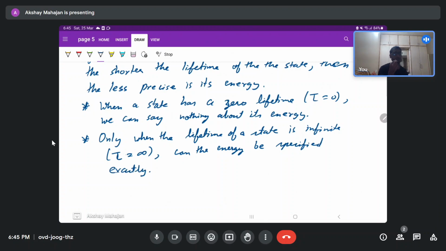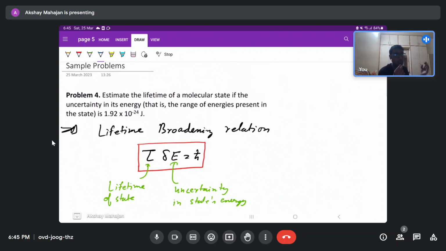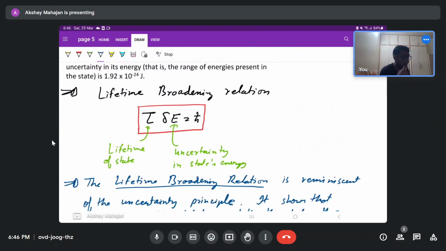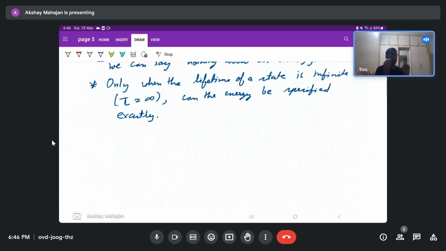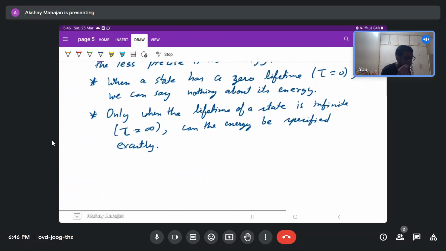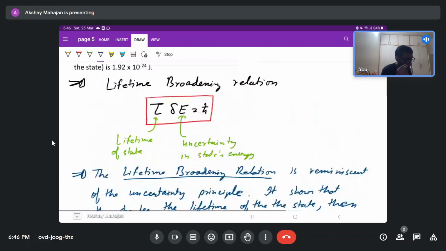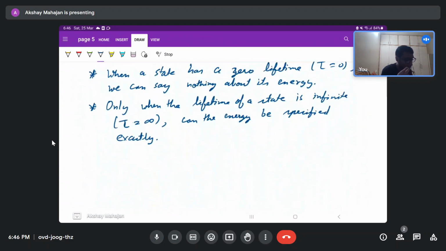Infinite lifetime means the system will not go to any other state. It will remain in that state until you give it some energy. So then del E is 0, and we can specify the energy of the state exactly. Otherwise we cannot. So this is about the lifetime broadening relation.